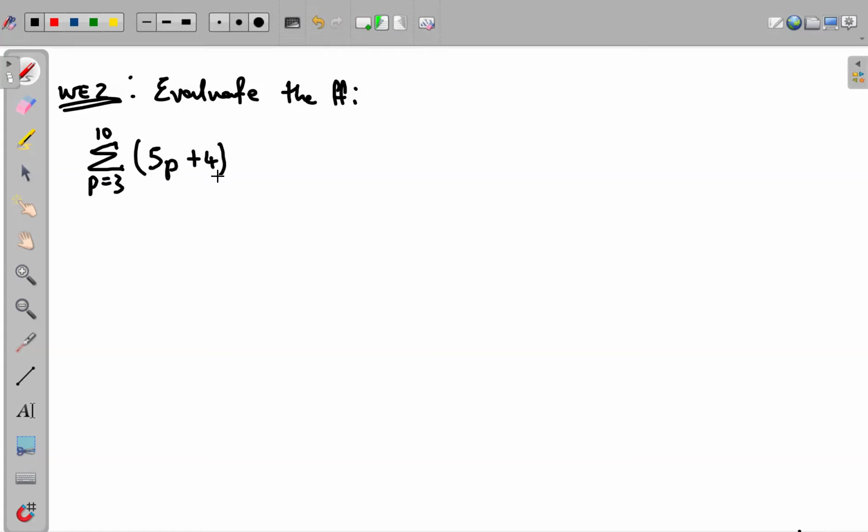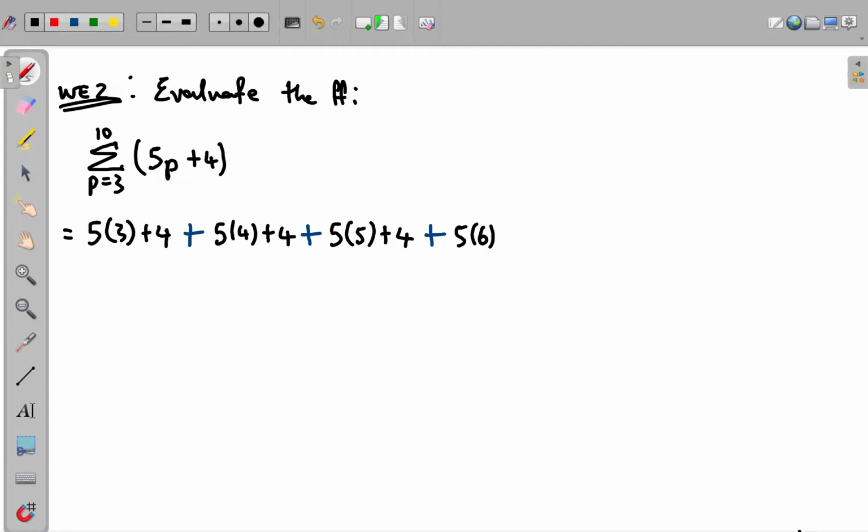Now, if we expand this, and I'm doing this example deliberately so that I can share a key principle with you here. If we were to literally expand, watch, this is what would happen. I would have 5 times 3 plus 4 as my first term, and then my second term would be 5 times 4 plus another 4, then my third term would be 5 times 5 plus a 4, and then my fourth term would be 5 times 6 plus a 4.